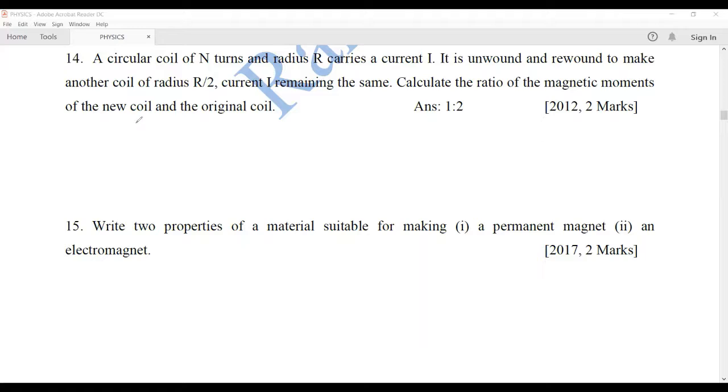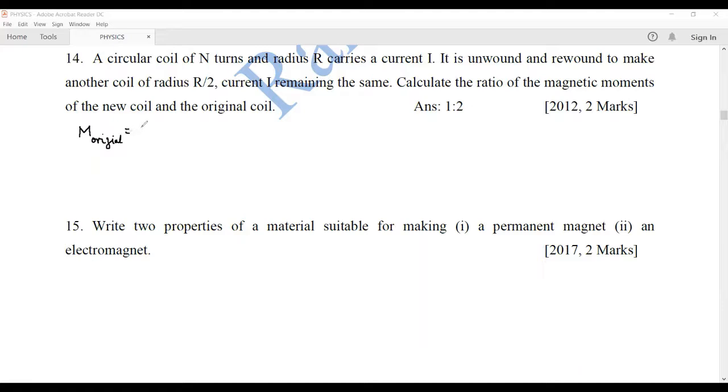Question number 14. A circular coil of N turns and radius R carries a current I. It is unwound and rewound to make another coil of radius R by 2, current I remaining the same. Calculate the ratio of the magnetic moments of the new coil and the original coil. We know that the magnetic moment is given by N I A, that is the number of turns times the current times the area of the coil.